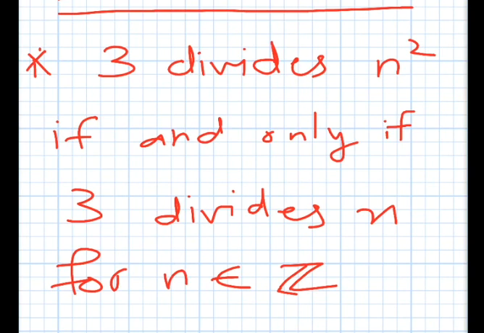So the question here is, let's first of all explain the statement that 3 divides the square of an integer if and only if 3 divides that integer itself.